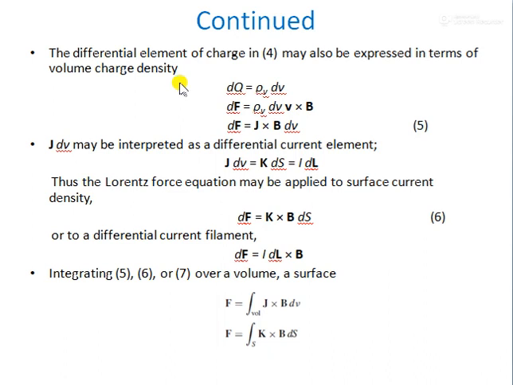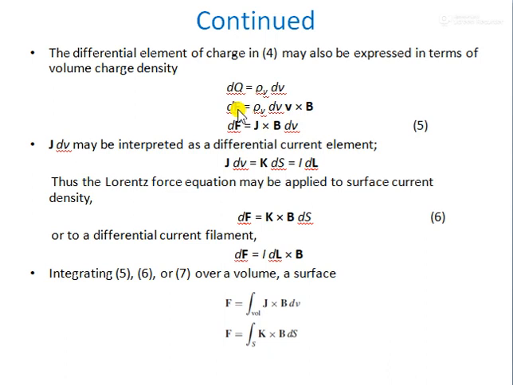Next, the differential element of charge dq in equation 4 may be expressed in terms of volume charge density, that is dq equals rho v into dv, where rho v is the volume charge density.